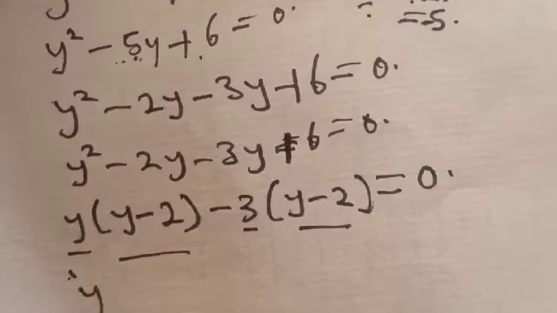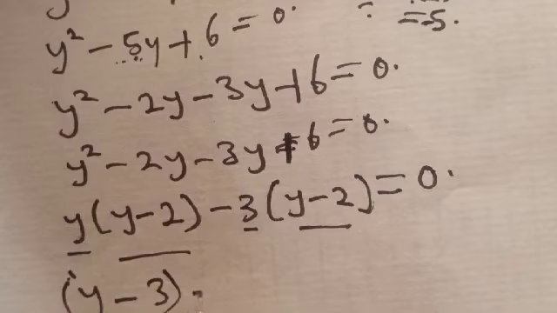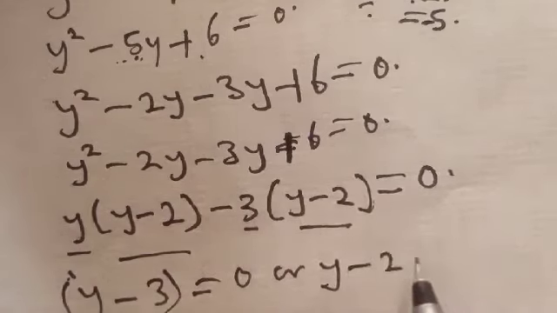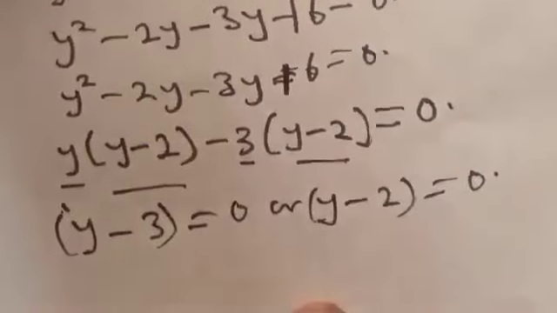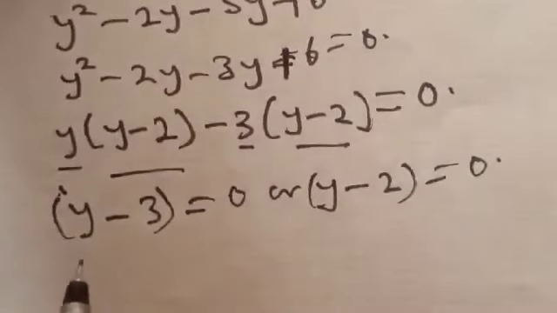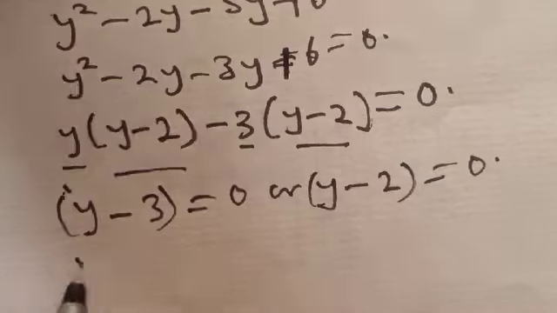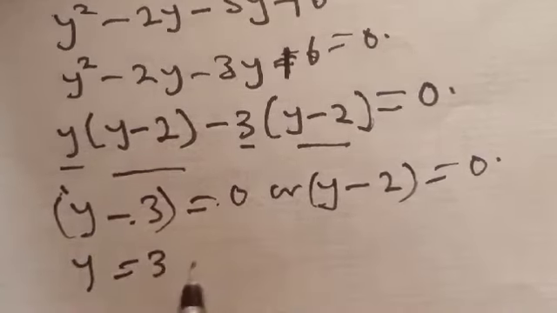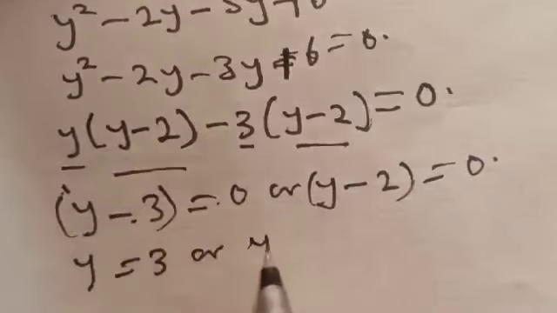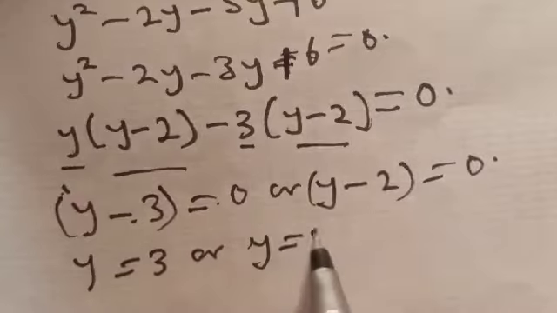We have y minus 3 equal to 0, or y minus 2 is equal to 0. Therefore, y minus 3 is equal to 0. y, if this minus 3 crosses the other side, will become plus, is equal to 3, or y is equal to 2.